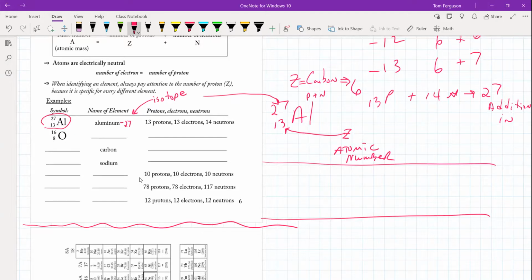So if the element is neutral, that means the net charge is 0. To get 0 charge, that means the positively charged protons have to equal the negatively charged electrons. That's why electrons in a neutral atom are automatically equal to protons, because we have to get a charge of 0.